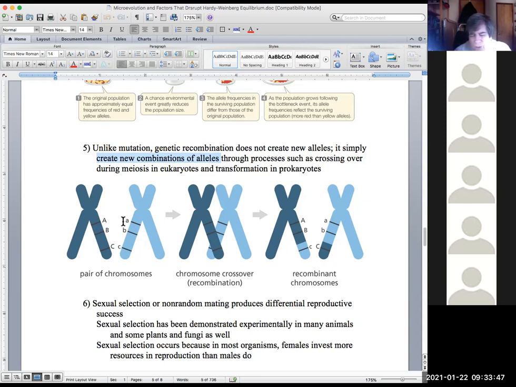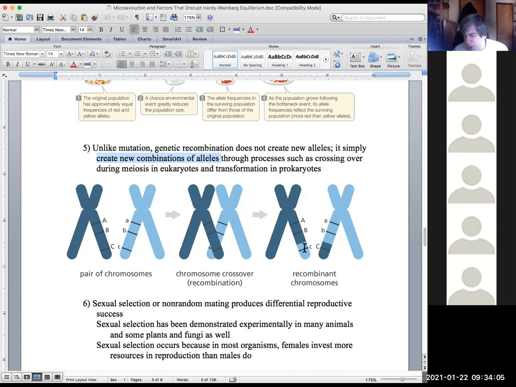Now remember, without crossing over, this organism would pass down either the sister chromatid that has the big A, the big B, and the big C, or the sister chromatid that has the little a, the little b, and the little c. But we can have crossing over.